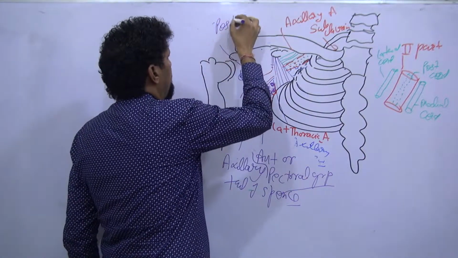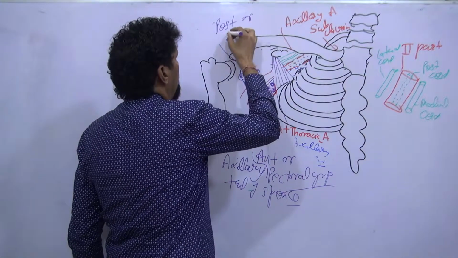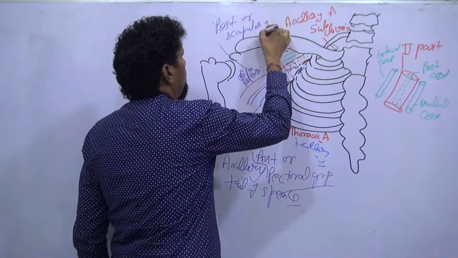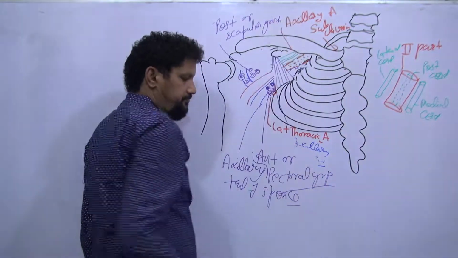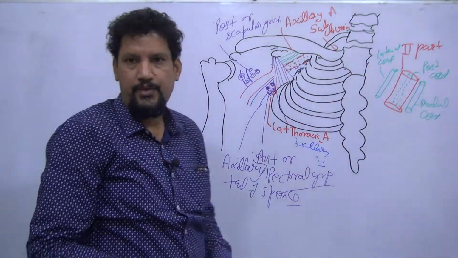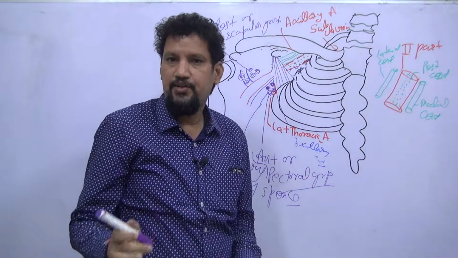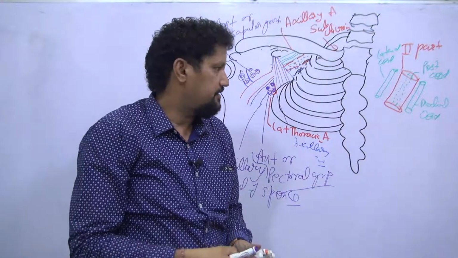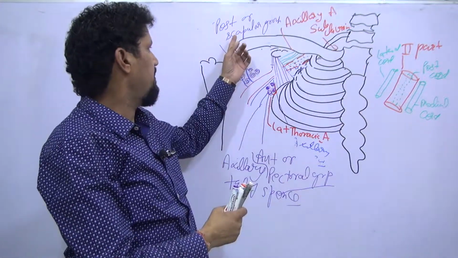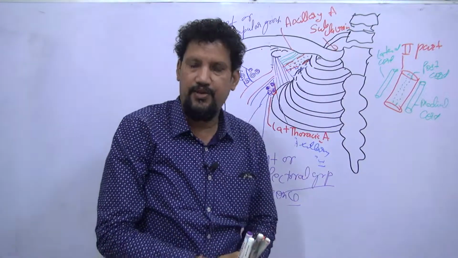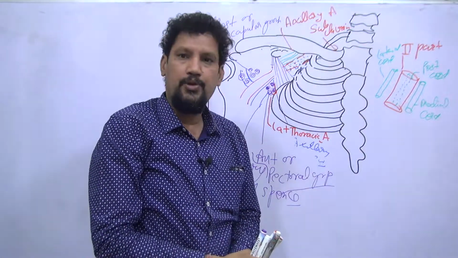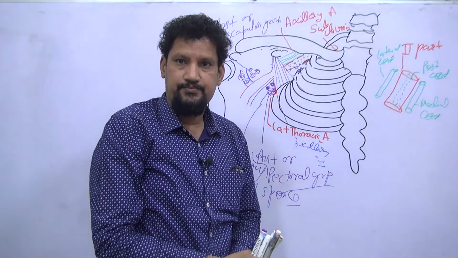This is the posterior or the scapular group. So the anterior group is pectoral, the posterior group is the subscapular or scapular group, and it receives the afferents from the posterior wall of the trunk up to the iliac crest.